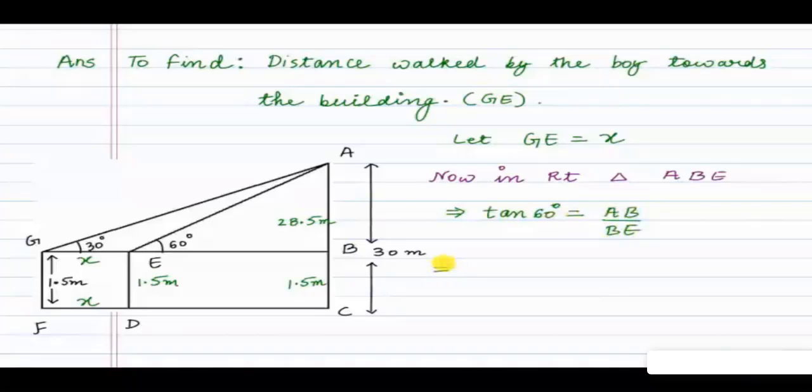Putting the values here, we know that tan 60 degrees is equal to root 3. This will be equal to AB, in place of AB we can write 28.5, divided by BE as it is. By cross multiplication, we will get BE is equal to 28.5 divided by root 3 meters. This we can call as our first.